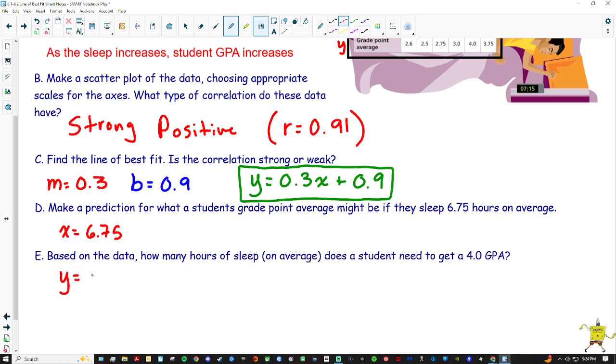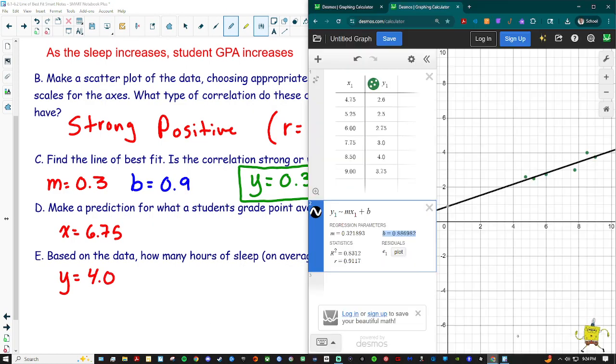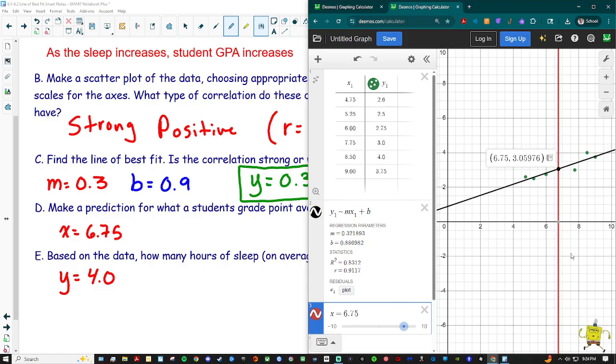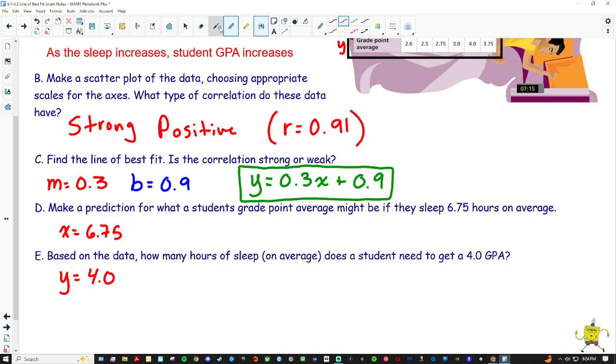We'll have to type in y equals 4.0. So if we sleep 6.75 hours, x equals 6.75, I'm going to look at where my lines cross. If I sleep 6.75 hours, then I could expect to get about a 3.06 GPA.